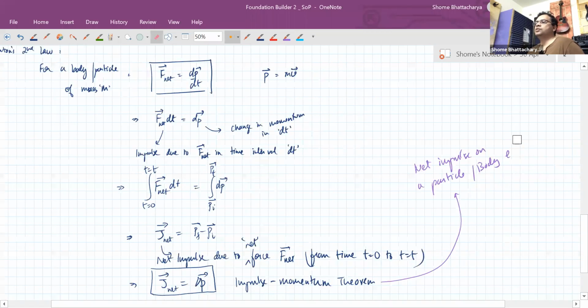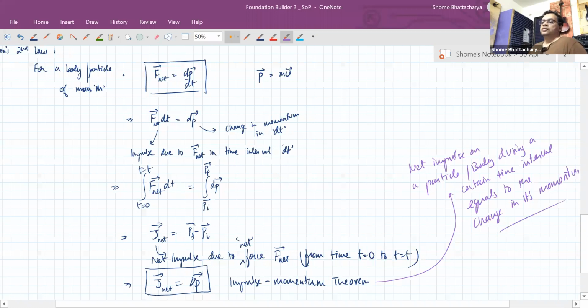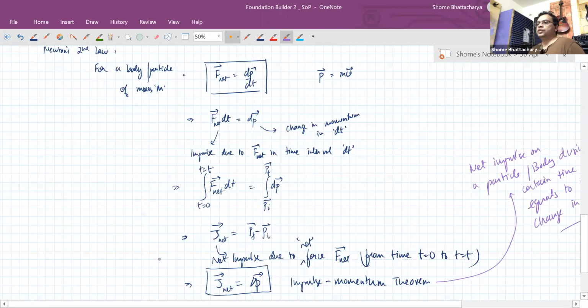So the net impulse on a particle or body during a certain time interval equals the change in momentum during that time interval. Okay. So we'll talk a little bit more about this also. First, just note down this much part.